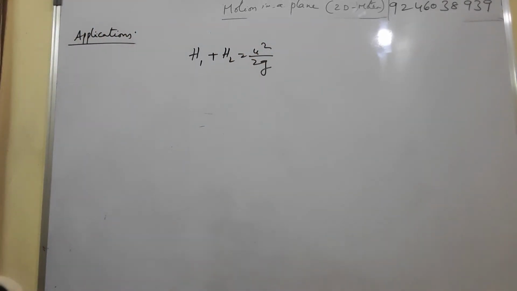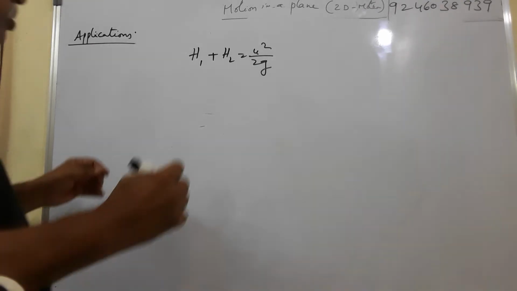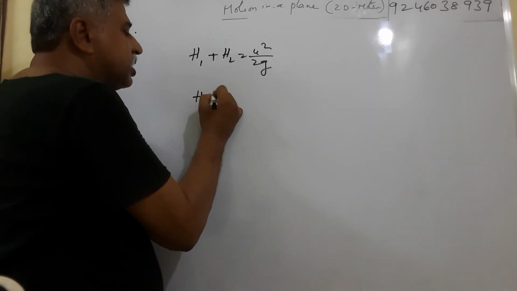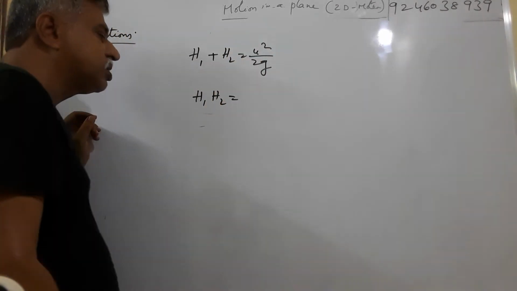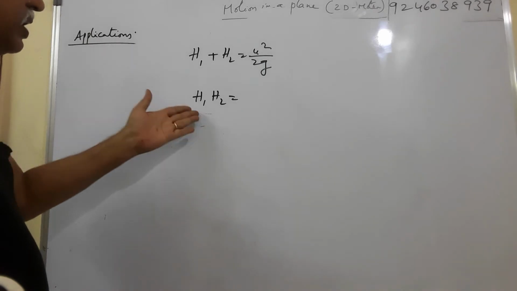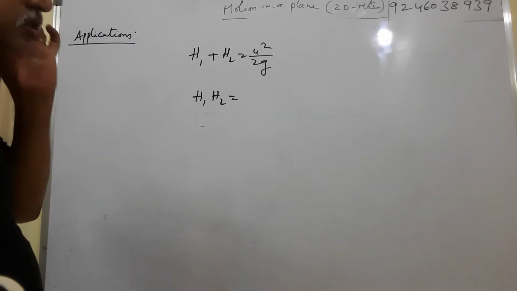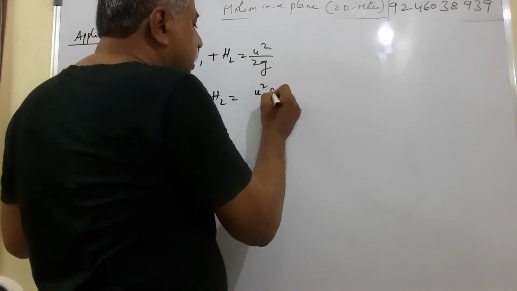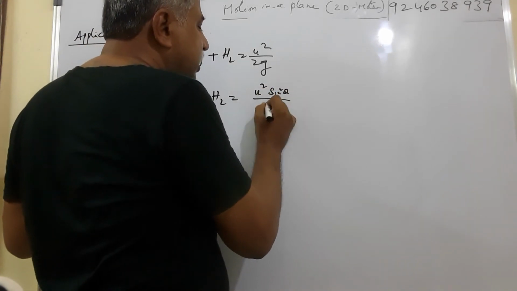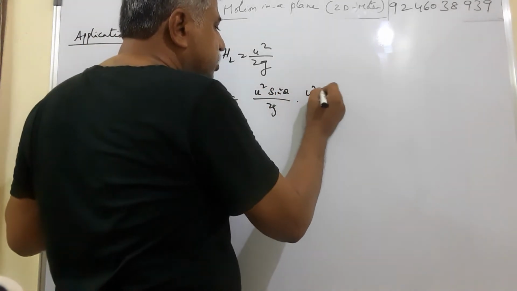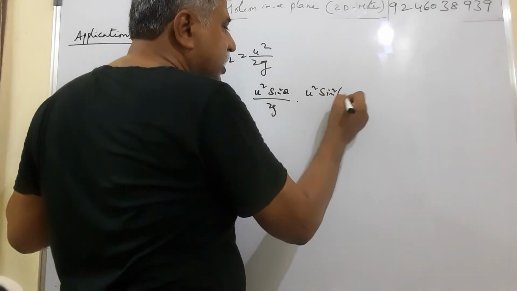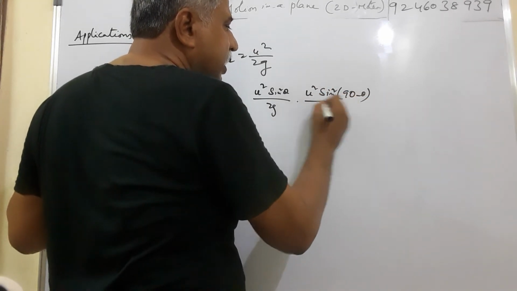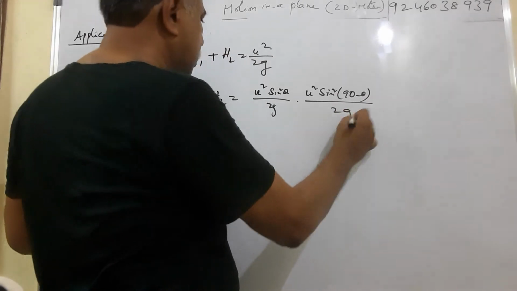Now we write R1 is equal to R2, and h1 into h2 is equal to how much? From this we find the relation between range and h1, h2. Here h1 is u square sin square theta by 2g, and h2 is u square sin square 90 minus theta by 2g.